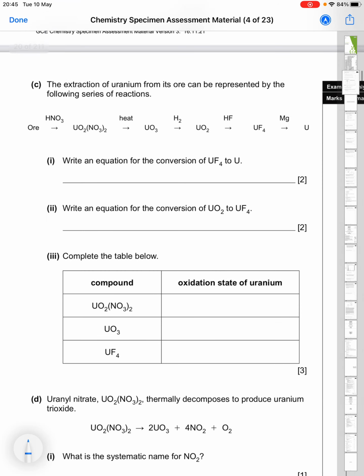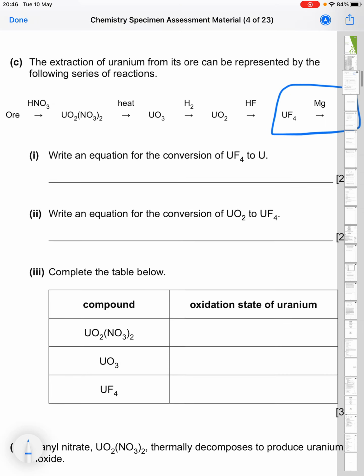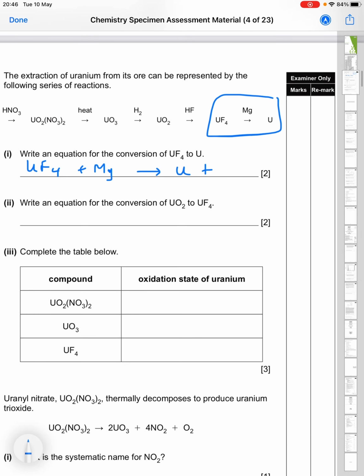Okay, C. The extraction of uranium from its ore can be represented by the following series of reactions. Write an equation for the conversion of UF4 to U. Looking at this schematic, it's just going to be UF4 plus Mg for magnesium giving us U, and then the other product is going to have to be magnesium fluoride, MgF2.